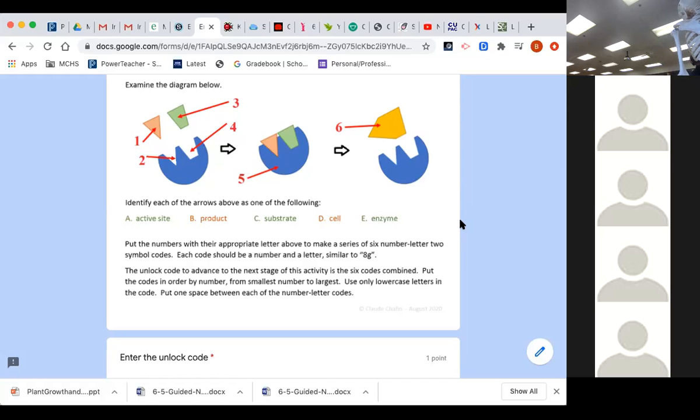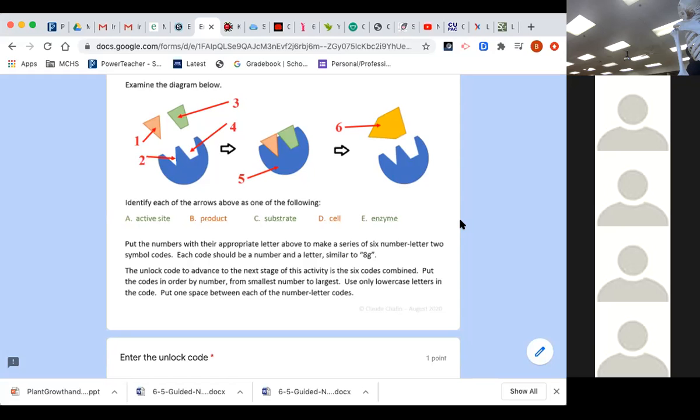Okay. So right here it says, the unlock code to advance to the next stage of this activity is the 6 codes combined. Put the codes in order by number from smallest to largest. Use only lowercase letters in the code. Put 1 space between each of the number letter codes.